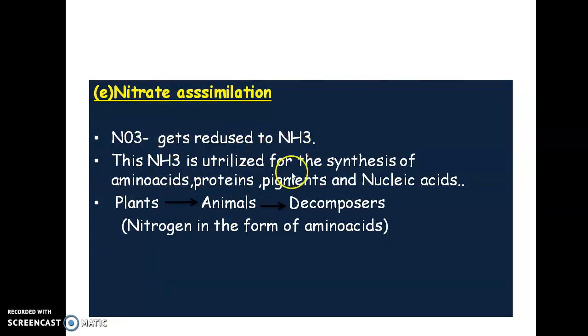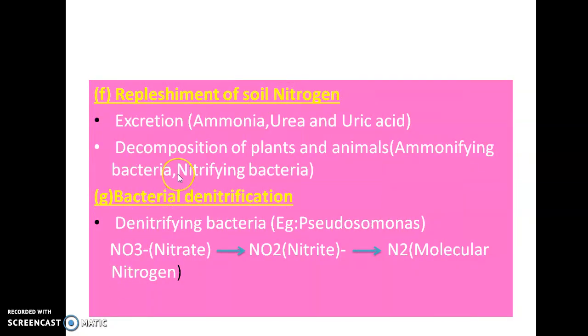This ammonia is generally used for the synthesis of amino acids, proteins, pigments and nucleic acids by the plants as well as animals. So this is the movement of nitrogen. Nitrogen in the form of amino acids moves from plants into animals, and from animals it enters into the decomposers, right? Then comes the replenishment of soil nitrogen.